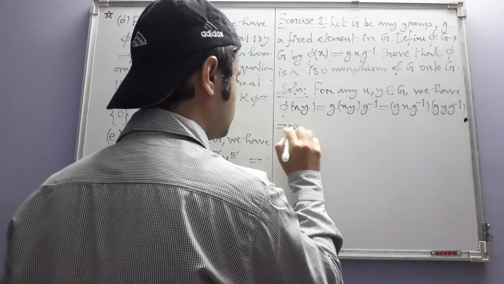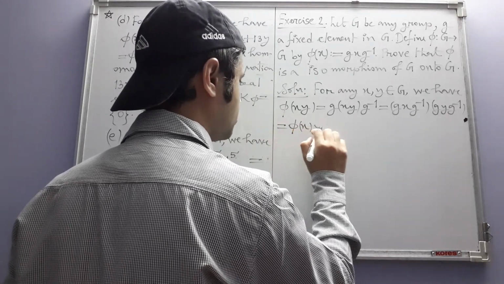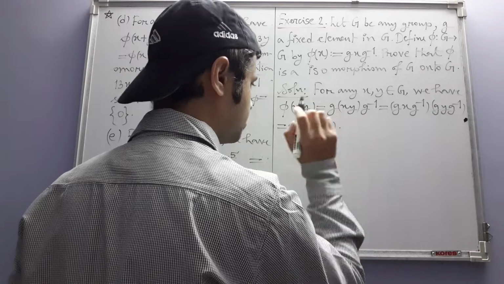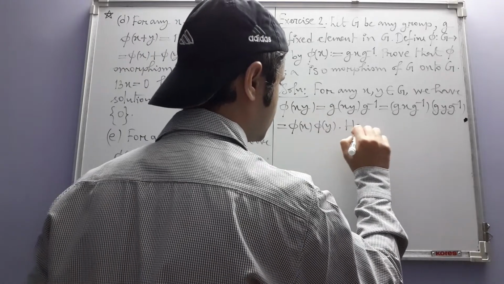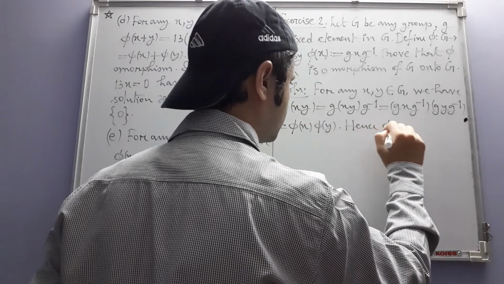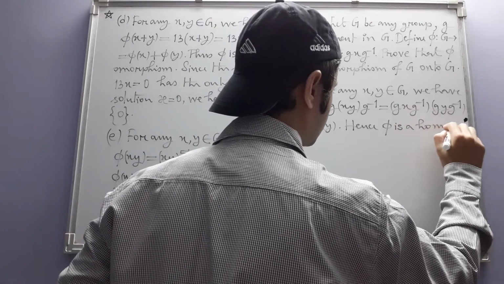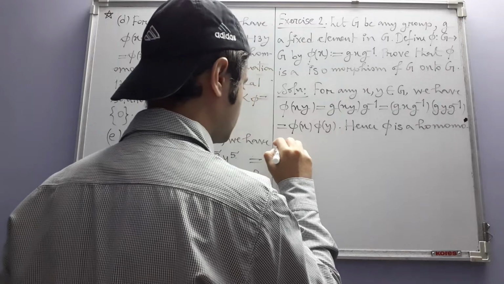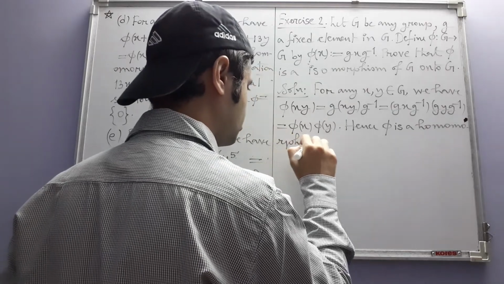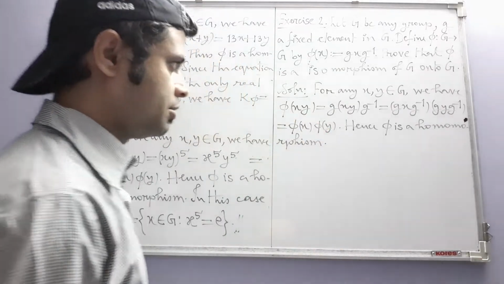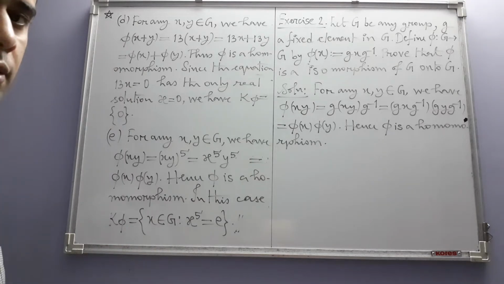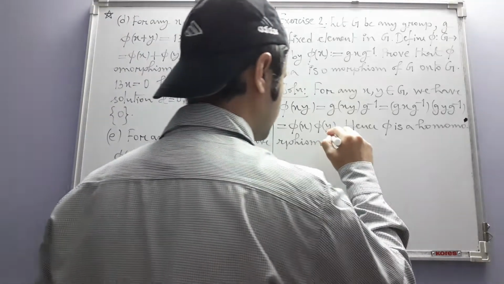But this is equal to phi x, phi y, hence phi is a homomorphism. Next we see that phi is onto.